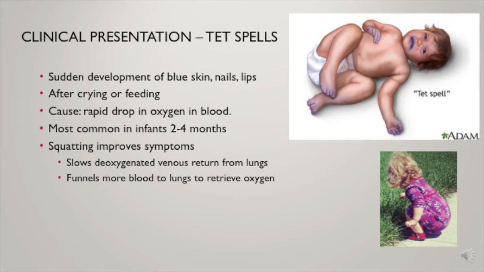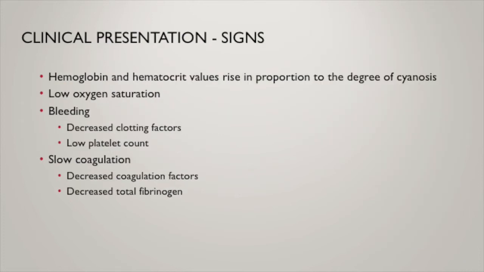This helps in 2 ways. It reduces venous return of deoxygenated blood and funnels more blood to the lungs to receive oxygen. As babies get older, they will often pull their knees to their chest to prevent a full-blown TET spell or squat for similar effect.